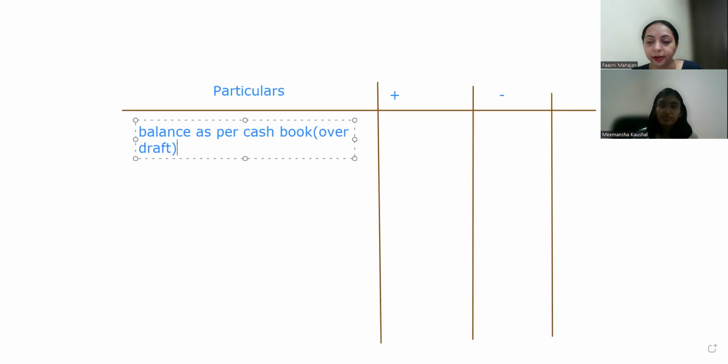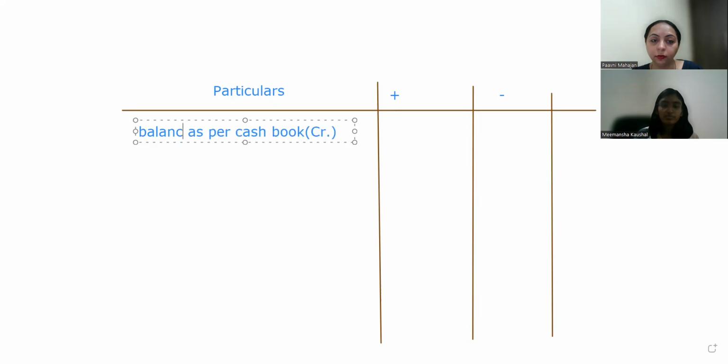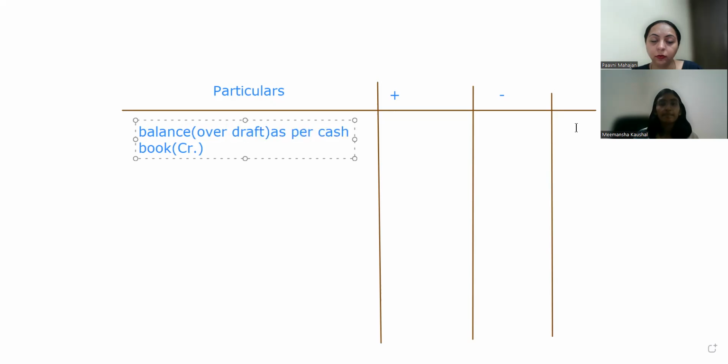After cash book, write credit, in brackets. Don't give space between over and draft, it's the same word. So this will be minus, right? Yes.